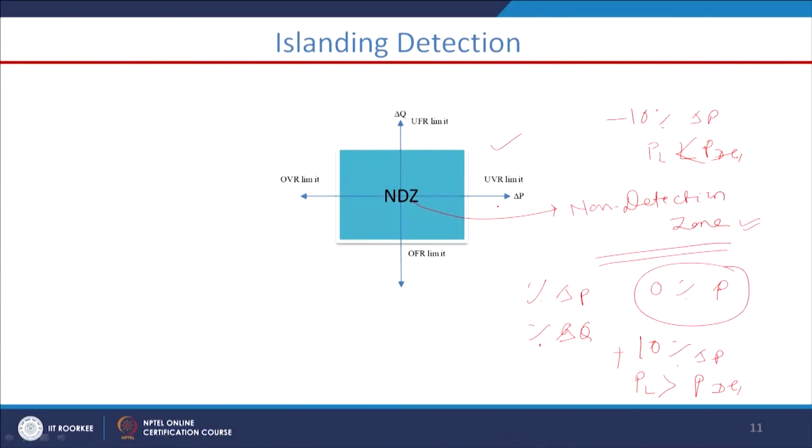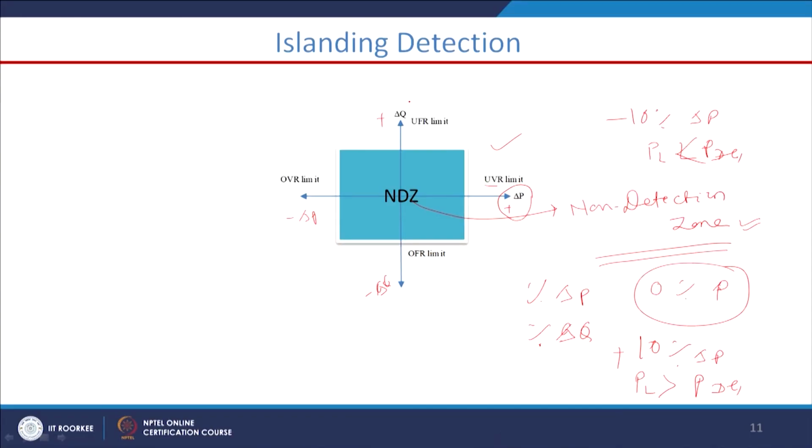Coming to this NDZ picture, along the x axis we have plus delta P, along the negative axis we have minus delta P, and here we have plus delta Q, here we have minus delta Q. Now, if this delta P is higher, that means the load power is more than the DG power.